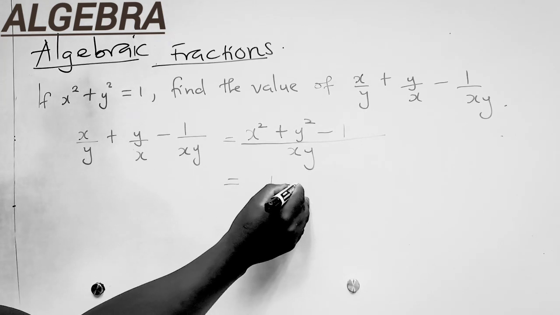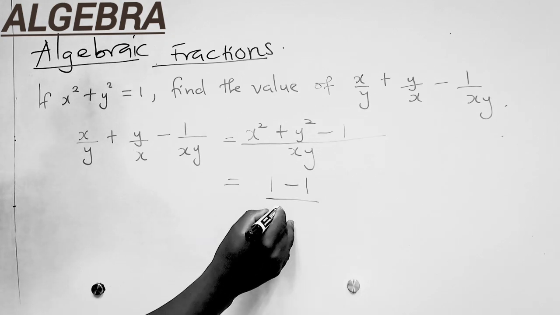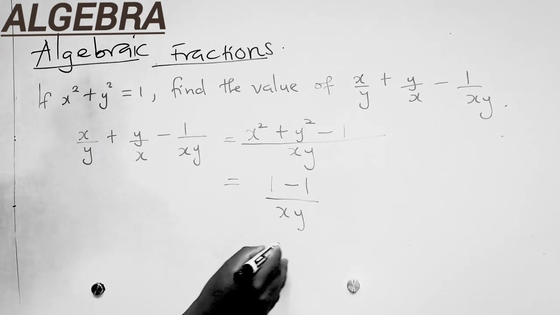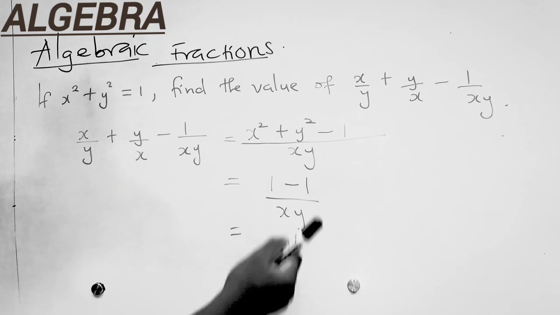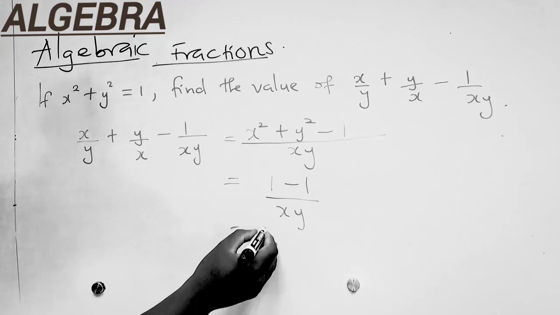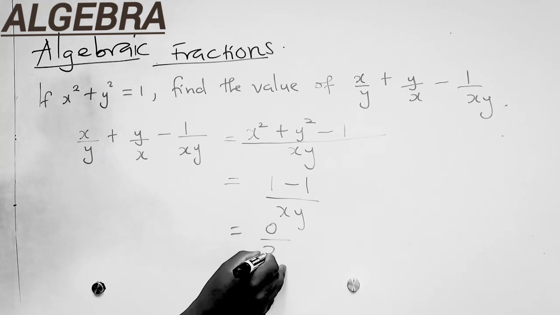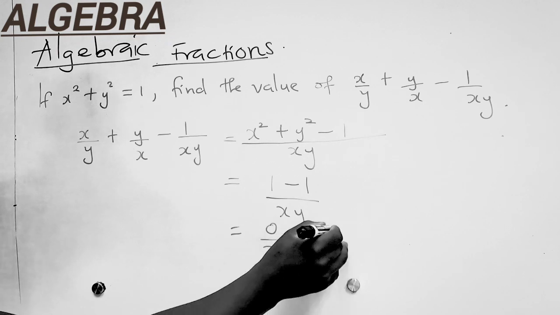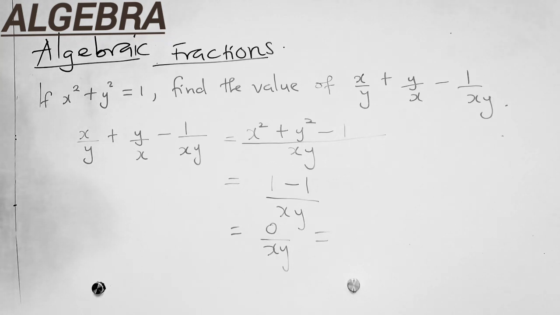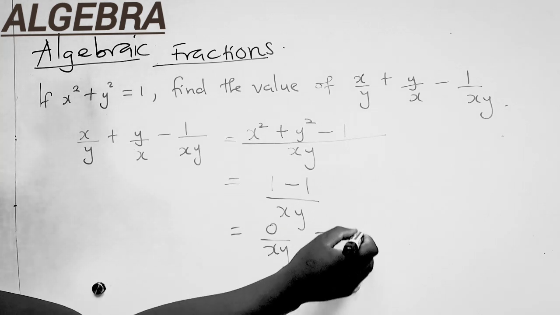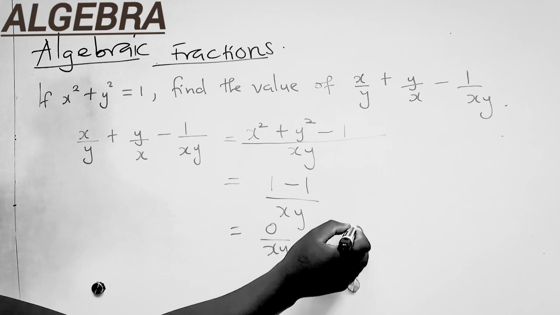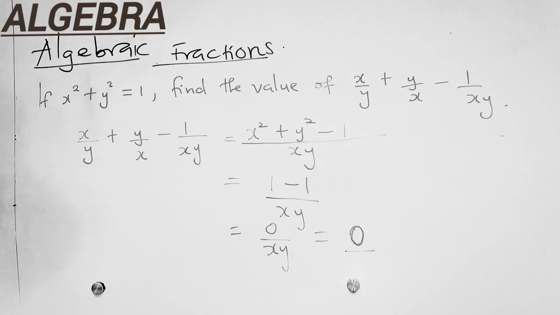So we have 1 minus 1 over xy. 1 minus 1 is equal to 0. So we have 0 over xy, which is the same as 0 divided by xy, and it is equal to 0, because 0 divided by any number is 0.